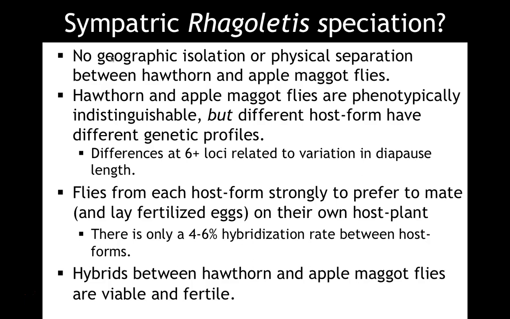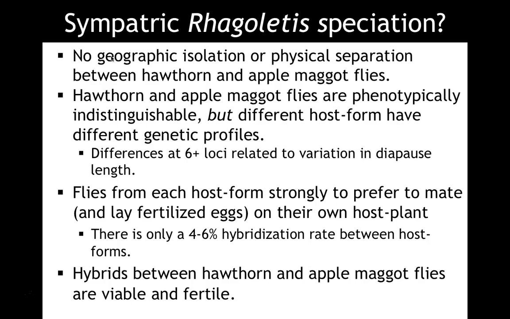Morphologically, they are identical. You cannot see any differences on the surface of them. But if you do look at them genetically, they have very distinct genetic profiles. They have different frequencies of specific genes that are strongly associated with the length and depth of the diapause, that overwintering.